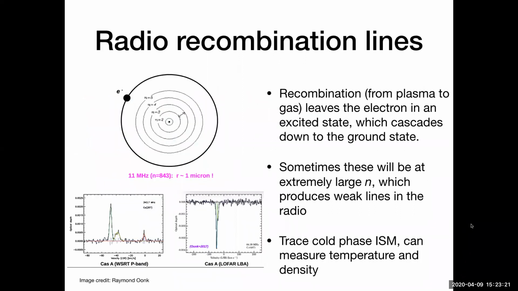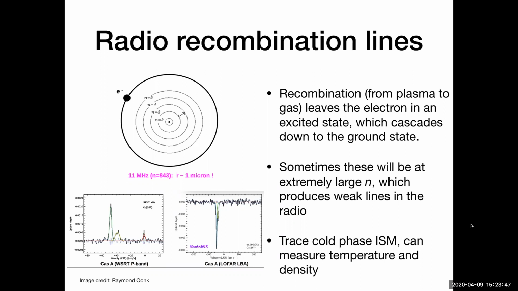Another aspect of lines, this one is probably much less common, but I wanted to include it because I think it's cool. And that is radio recombination lines. Recombination being the conversion from plasma back to gas, the electron being bound back onto the ion nucleus, forming neutral atoms again.